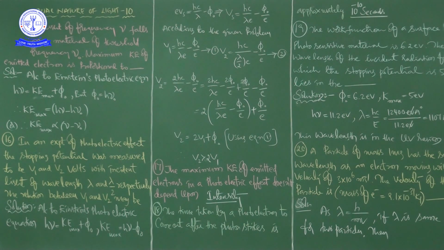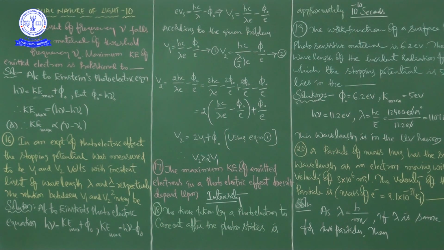So here you can say that Ke maximum is directly proportional to nu minus nu naught, that is, the difference between the frequency of incident light and the threshold frequency.